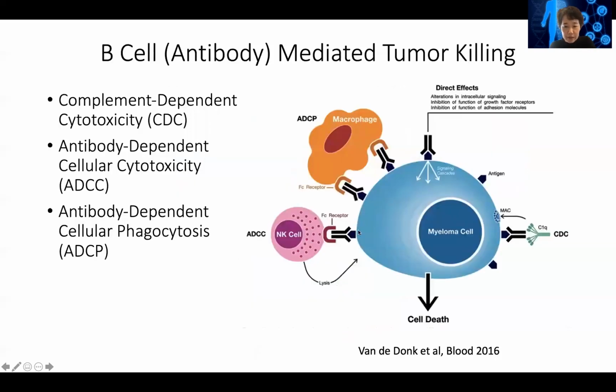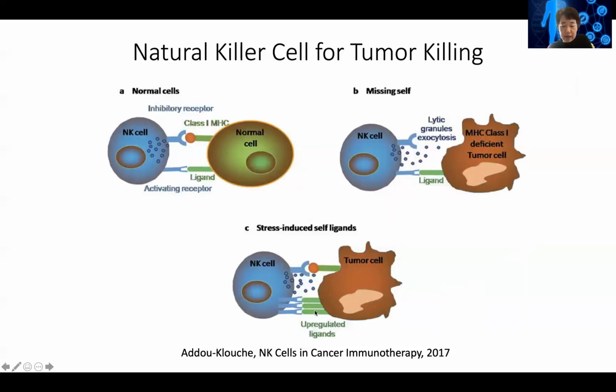And so in this particular case, the cancer cell may not lose the MHC class 1, but if it presents an antigen and through ADCC can recruit the NK cell to the surface, the NK cell will be there and then see whether this cancer cell expresses some stress ligand on the cell surface. And if the stress ligand is activated, then the NK cell will again kill.